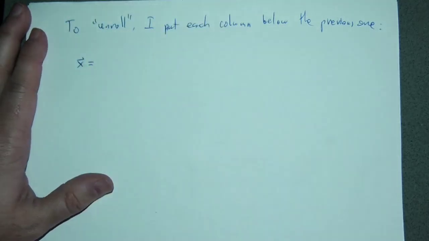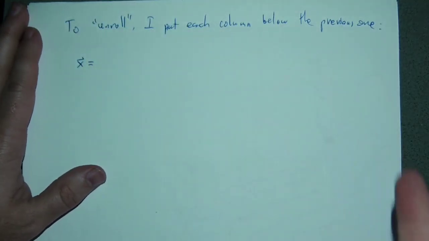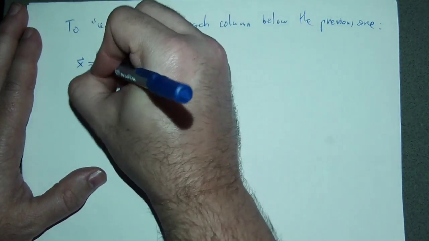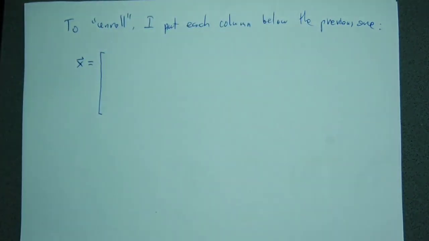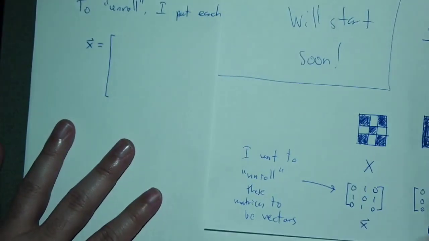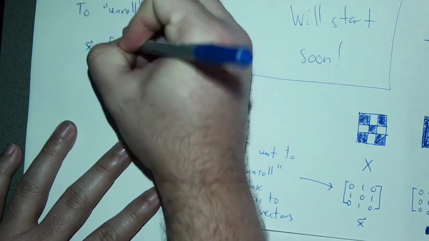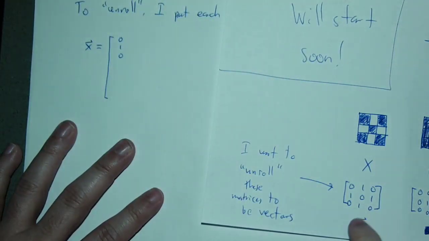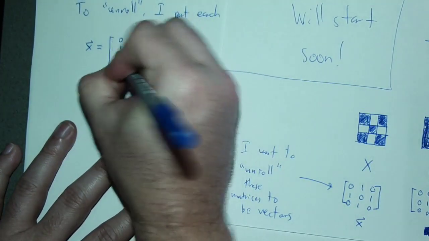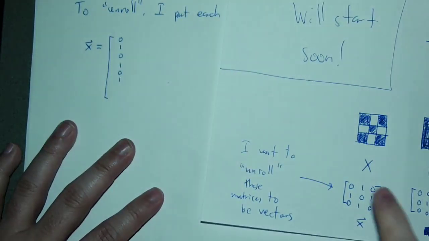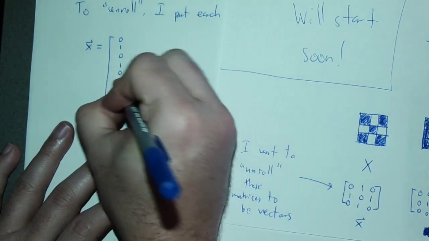So my vector X that is associated to the letter X would be, let's just go back here for a second, first column 0, 1, 0, then 1, 0, 1, and then 0, 1, 0 again.